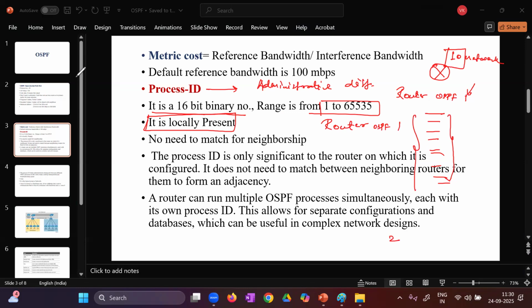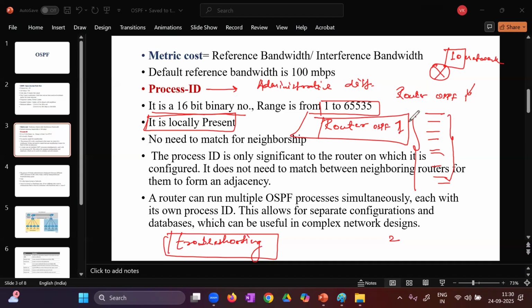So what is the benefit when you are doing the troubleshooting? Whenever there is any problem with any of the networks, to identify that problem, we will use this. If you have multiple different process IDs, that will be easy to identify. Because let's say in one process ID you have advertised only 5 networks. So which one is easy to check, 10 or 5?